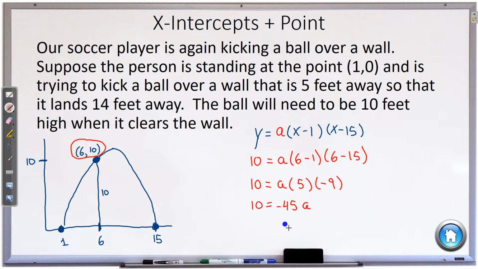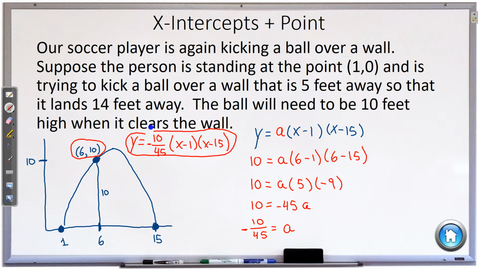Divide both sides by negative 45. And that will again have to be negative. You can turn that into a decimal if you want, but you don't need to. So our final equation is negative 10 over 45, x minus 1, x minus 15.